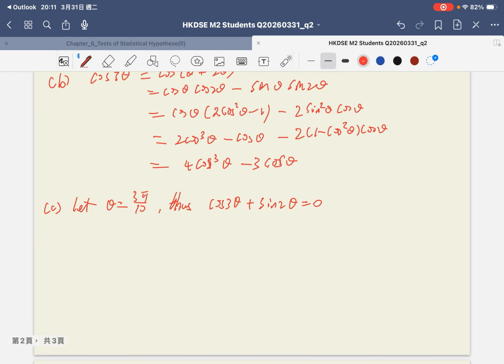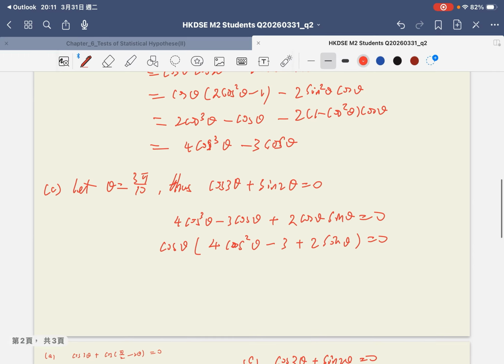And then by using part B, the first term is 4 cosine cubed θ minus 3 cosine θ, and the second is 2 cosine θ sine θ, equal to 0. Then factorize cosine θ outside: cosine θ times (4 cosine squared θ minus 3 plus 2 sine θ).